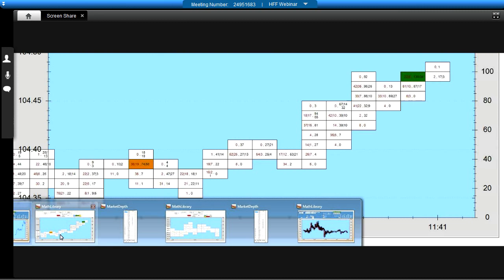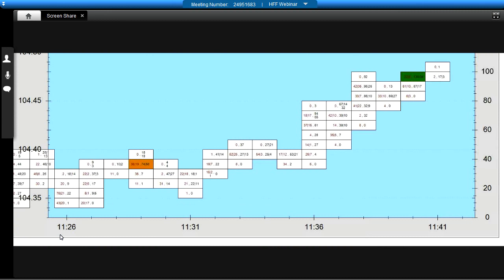So let's look at a replay of those few minutes where the price hit the high of the day, which of course at the time we didn't know was going to be the high.